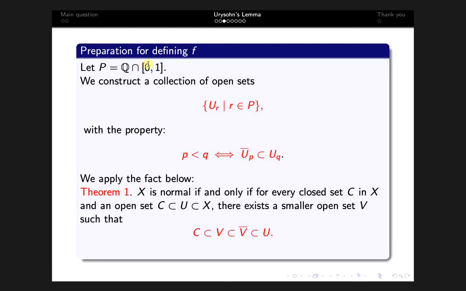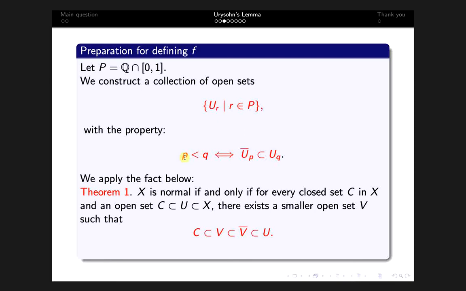Here our goal is to construct a collection of open sets U_r, r belonging to P. So for every rational r in the closed interval [0, 1], we construct an open set U_r with the following property.